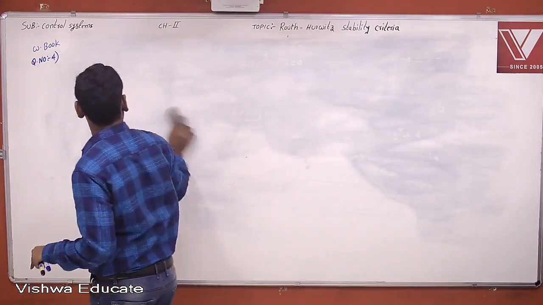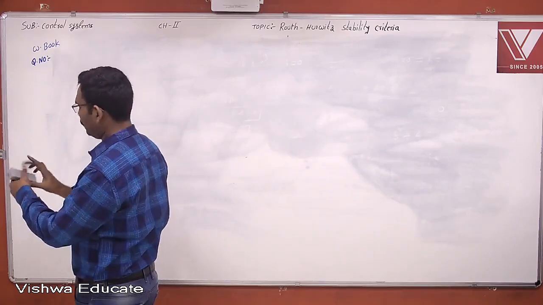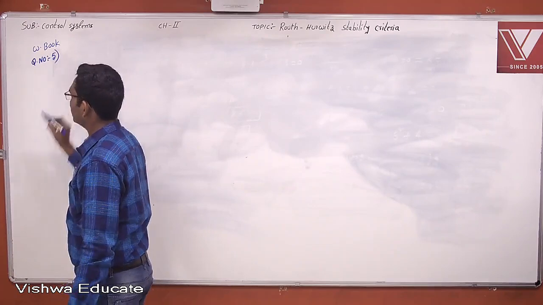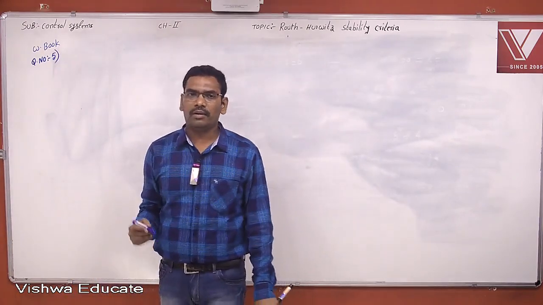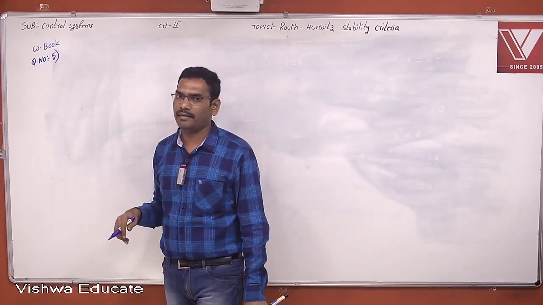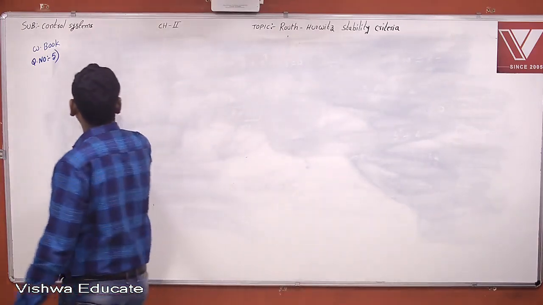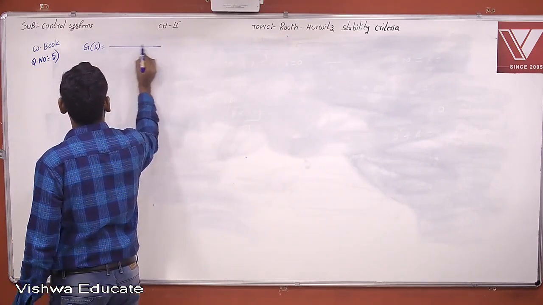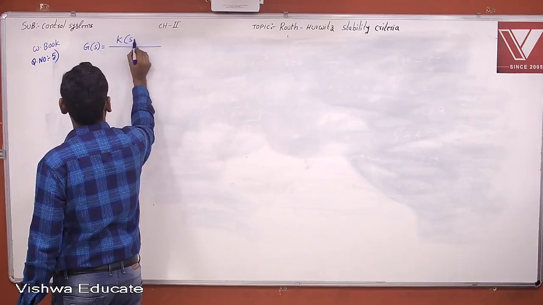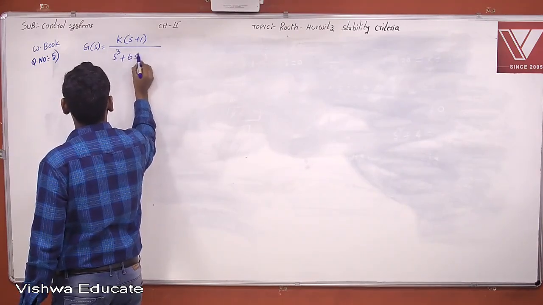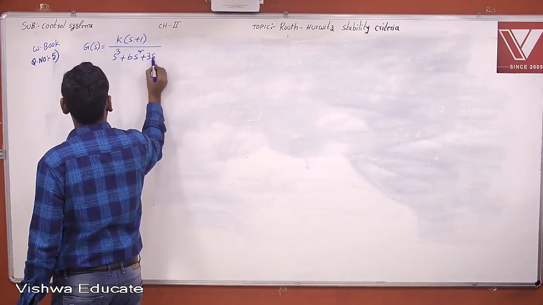Now question number 5 in our classroom workbook. See the classroom workbook, and this is question number 5. If you concentrate here, automatically the question and answer will be understood. Now question number 5 is giving an open loop transfer function G of s equal to k into s plus 1 by s cube plus bs square plus 3s plus 1.